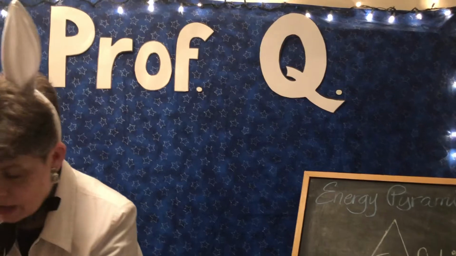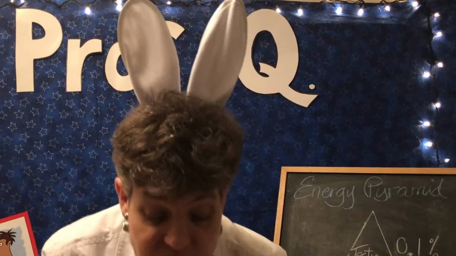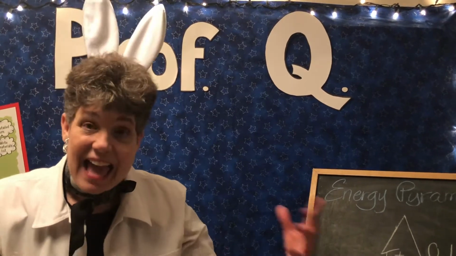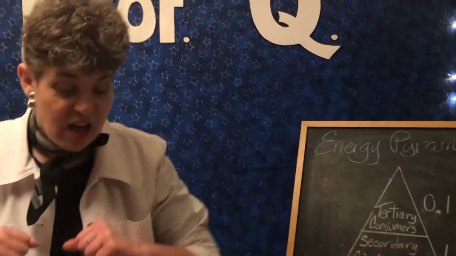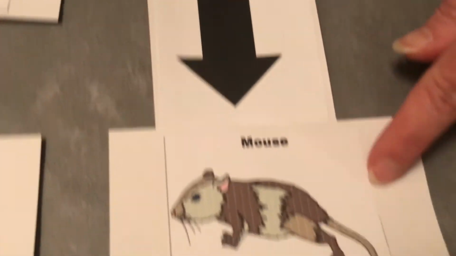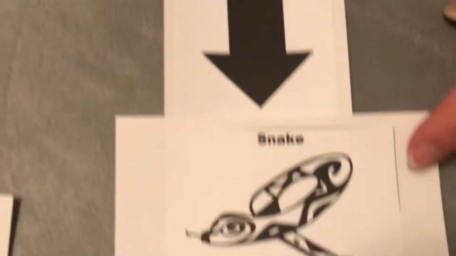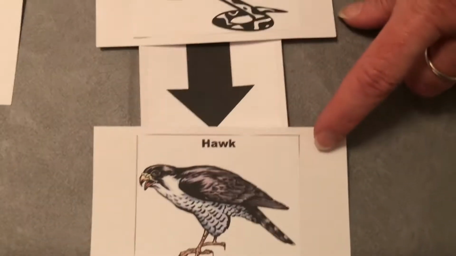That snake is going to consume the mouse, and then it's going to gain its energy. But there's something out there that's going to consume the snake. And last but not least, we have the hawk. My, oh my. Here we go. We have our primary source of energy, our producer, our primary consumer, secondary consumer, and drum roll, the hawk.